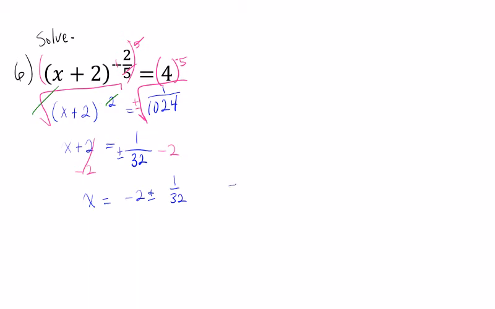So I'm going to do -2 plus 1 over 32, which is the same as -64 over 32 plus 1 over 32, and that equals -63 over 32. So that's one possible answer, right?